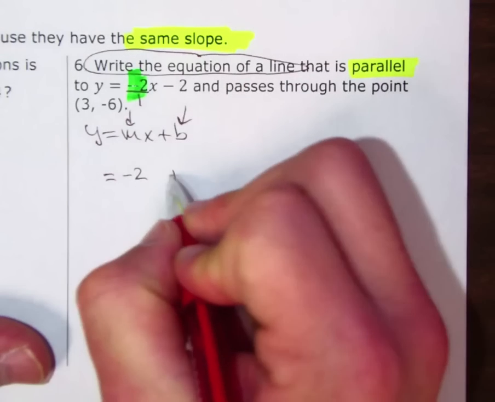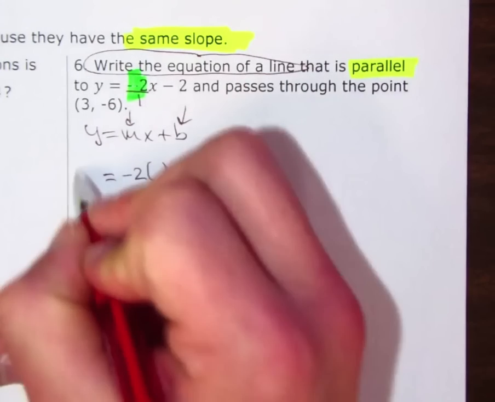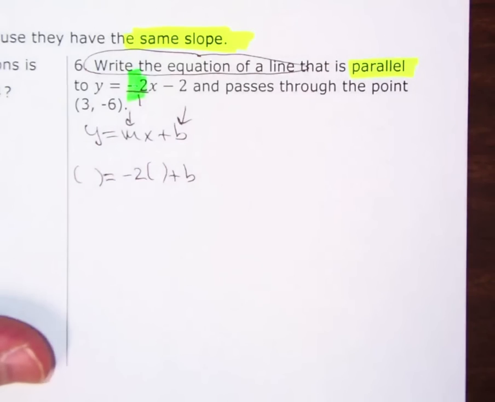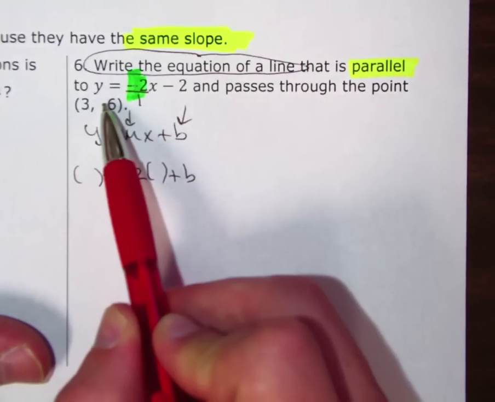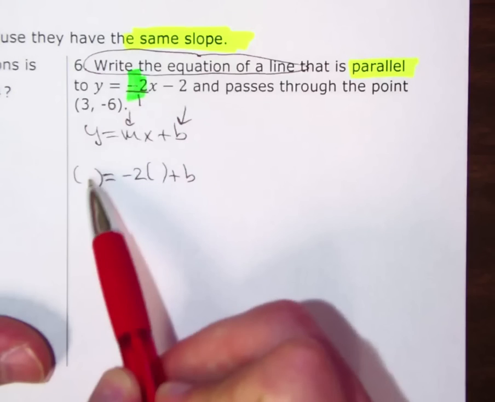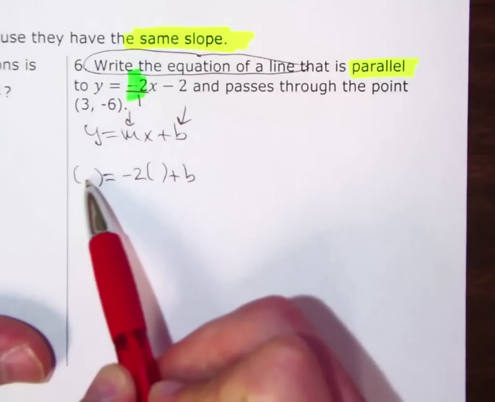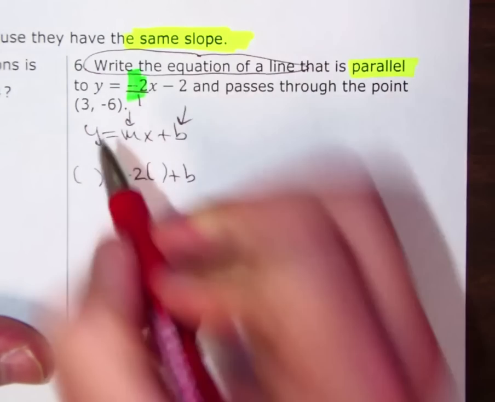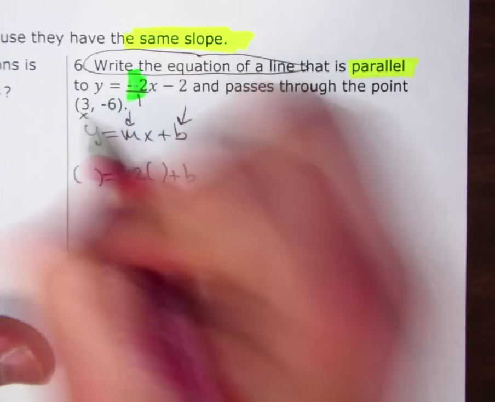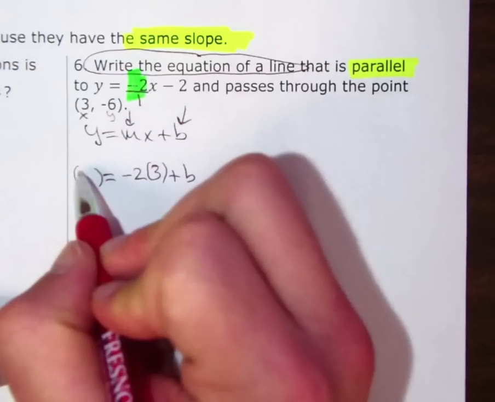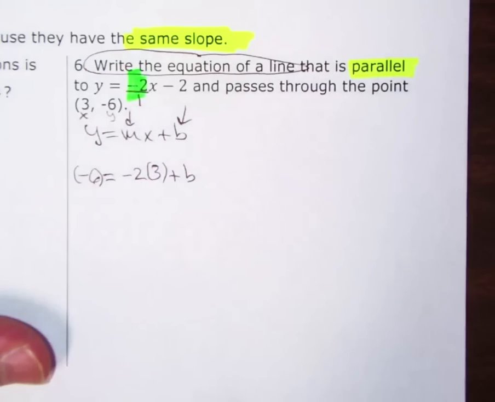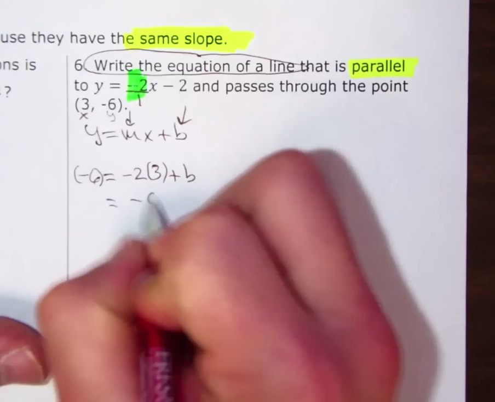Now, I don't know what my y-intercept is, and to find it, I need a point that's going to be on my line. This is a point that my line of solutions has to go through. So that has to be a solution, meaning if I substitute it in, it makes this true. So I'm going to go ahead and put 3 for x, so be careful when you put them in, and -6 for y. I'm going to go ahead and solve for b.